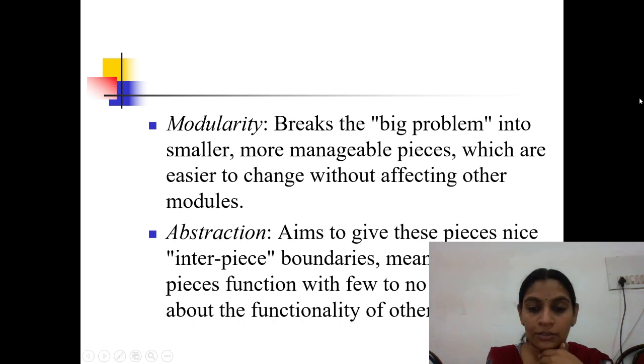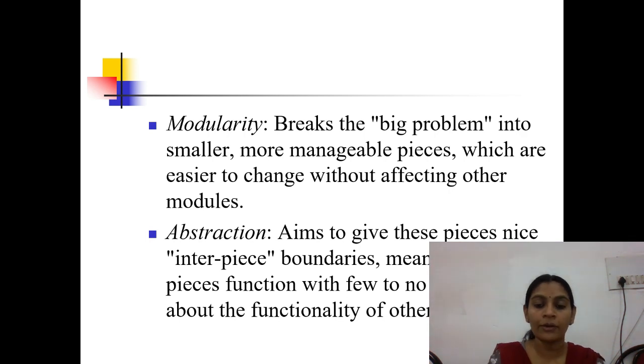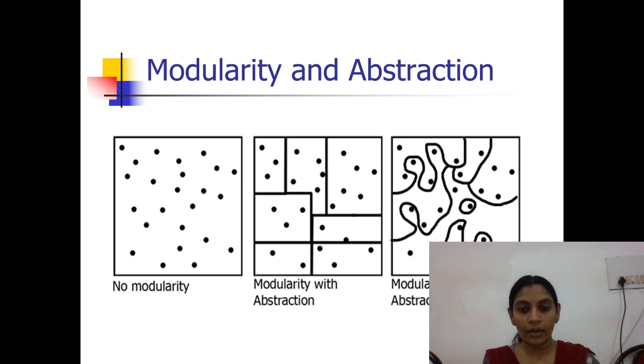And abstraction is, we are actually dividing these pieces along inter-piece boundaries, meaning that the pieces function with few to no assumptions about the functionality of other modules. So we have different components inside my module, but module 1 doesn't have to do anything with module 2. Okay, so that is modularity with abstraction and modularity without abstraction.